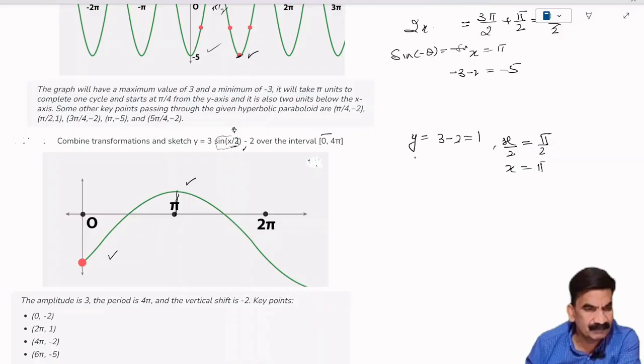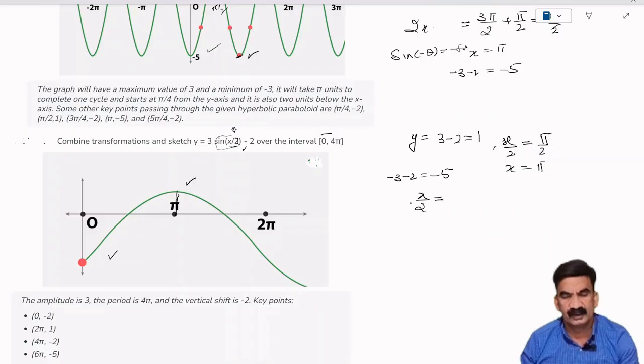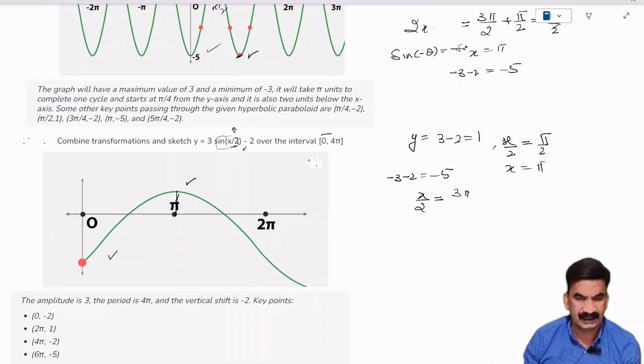Okay, let's see the minimum value. The minimum value of sine could be minus 1, again at 3 pi by 2. So when this is minus 1, y goes to minus 5. So minus 3 minus 2 is equal to minus 5, and x by 2 should be equal to 270 degrees, which is 3 pi by 2.